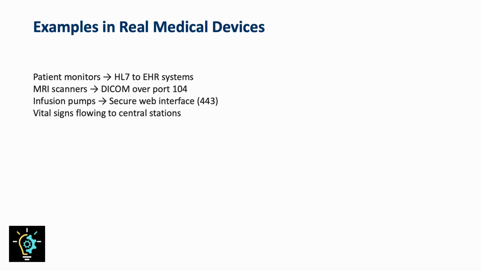These examples show that ports and protocols aren't just abstract concepts. They're the invisible infrastructure that ensures devices communicate safely and effectively. Understanding these real-world cases helps engineers bridge the gap between theory and practice in medical device networking.